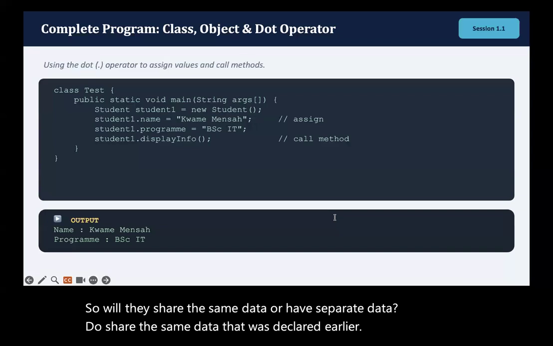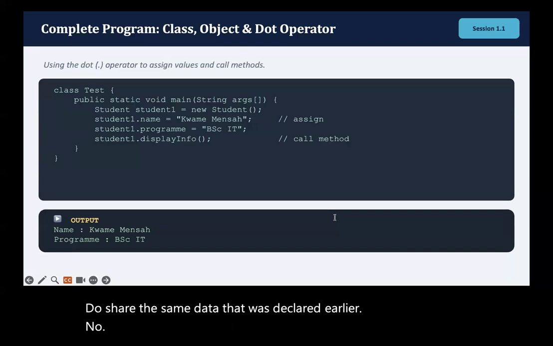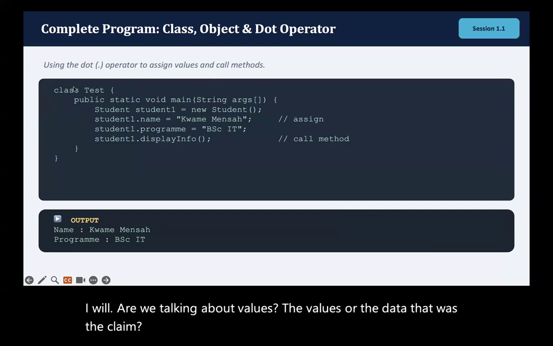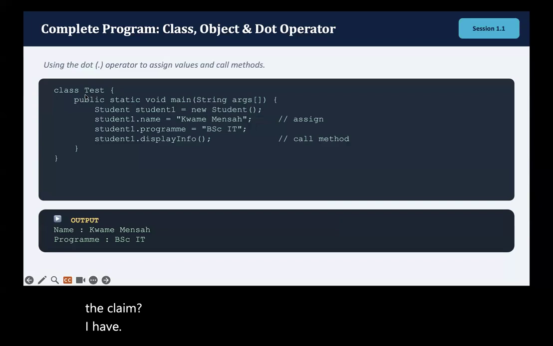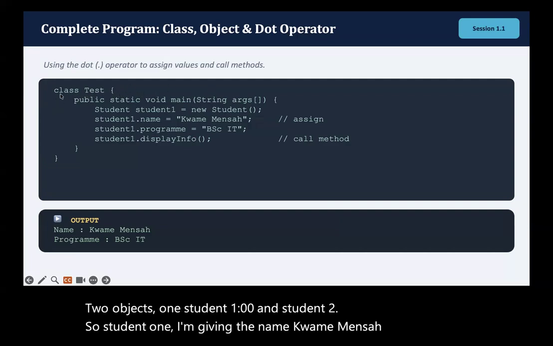No, they are separate. Are we talking about the values or the data that was declared? See, I have two objects, student1 and student2. For student1, I'm giving the name Kwame Mensa, course BSc IT, and then I'm displaying it.